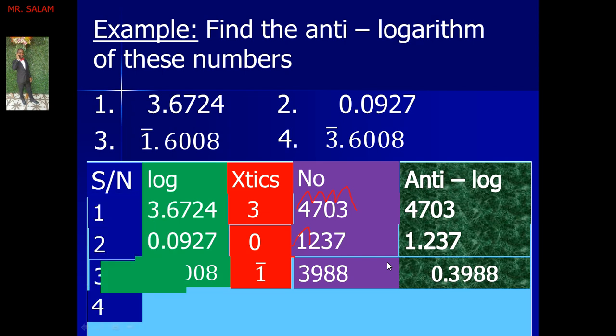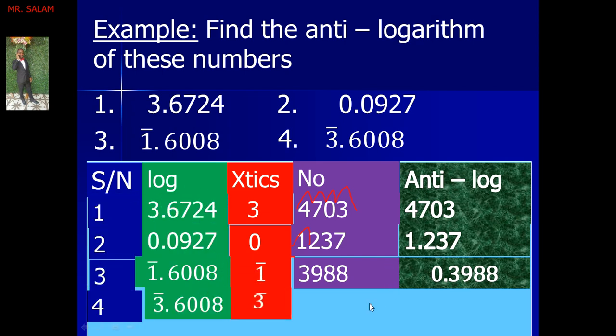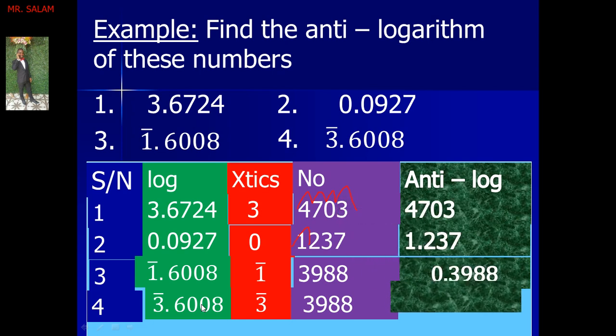Let's look at this for example. Since the characteristic is bar 3, and don't forget 6008 is the same thing as this, the number will be 3988. So we add 3 zeros to it, so that will be 0.003988.